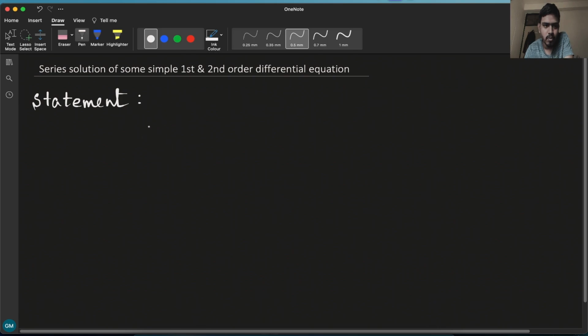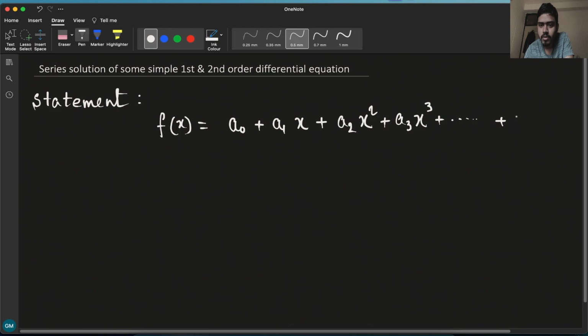Let's say there is a polynomial, f of x equals a0 plus a1 x plus a2 x square plus a3 x cube plus dot dot dot plus an x to the power n.